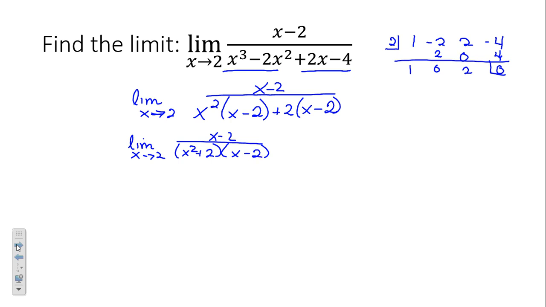And because now we have factors, a factor in the numerator and the factor in the denominator can both be canceled. And what will our limit be? 1 over x squared plus 2. And now when we evaluate that limit at x equals 2, we get 1/6.